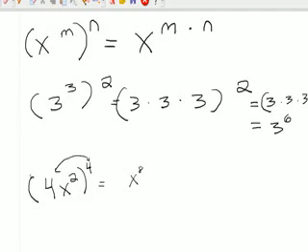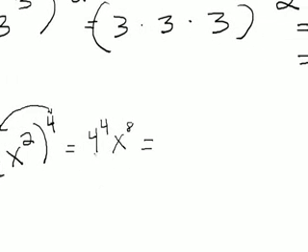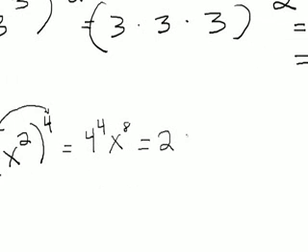This is the rule for dealing with exponents. This 4 here is not an exponent. It is a number. And if I have a number raised to 4, then that's exactly what I have to do. 4 raised to 4.